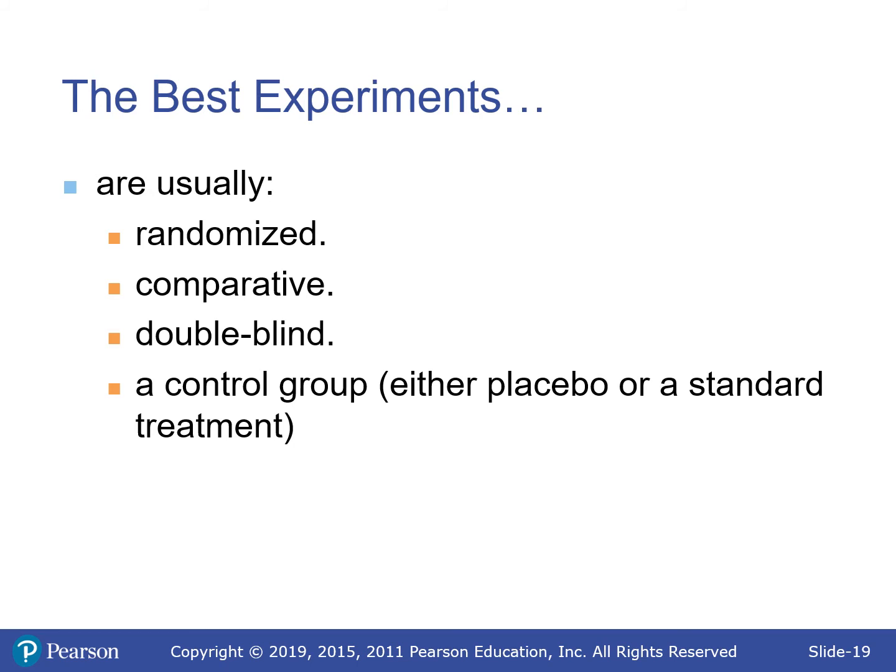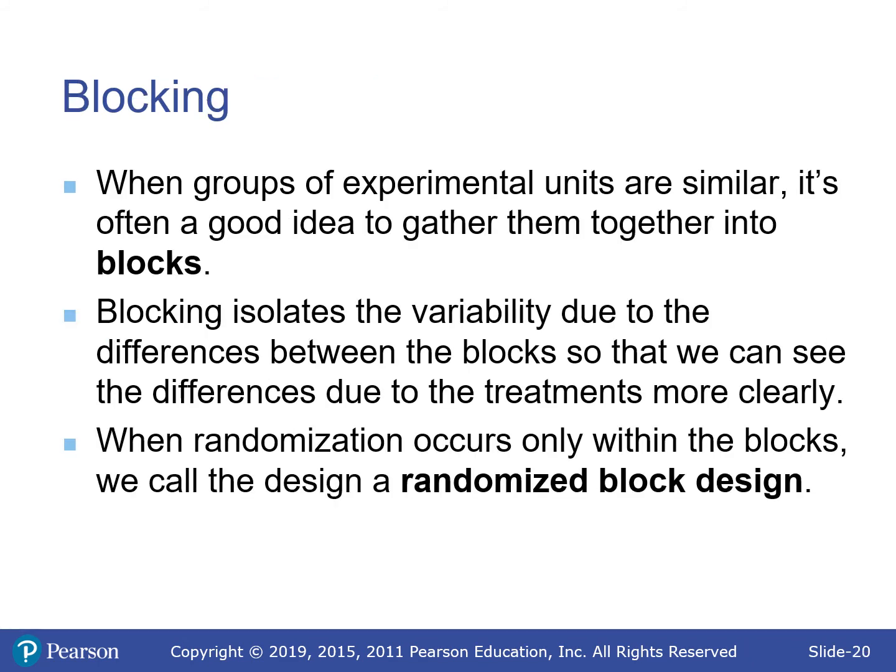So the best experiments are randomized, comparative, usually double blind. They have a control group, which is a placebo or a standard treatment. So if you're testing a type of fertilizer on plants, you have the levels of fertilizer. The control group is none. Blocking.